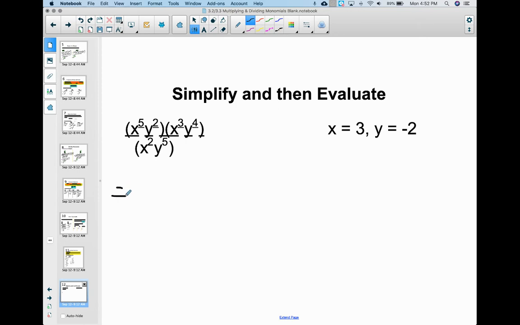We need to multiply first, so x to the power of 5 plus 3, y to the power of 2 plus 4, and we do this because the principle of multiplying exponents with the same base is to add the exponents.